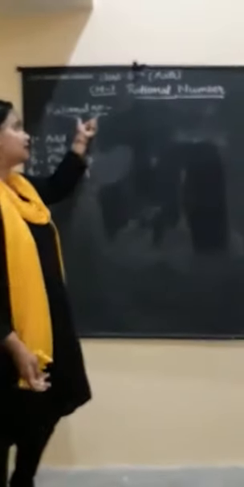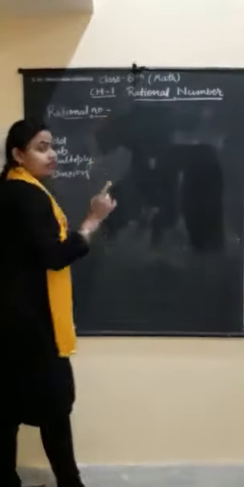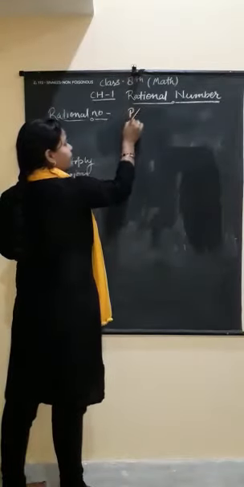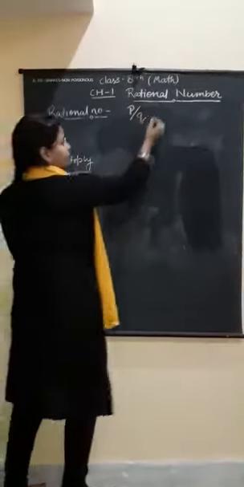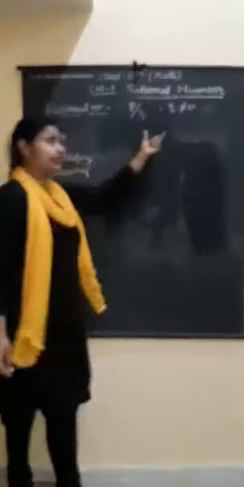Let's define what a rational number is. Rational numbers are those numbers which can be represented in the form of p by q, and q is not equal to 0. That's the definition.